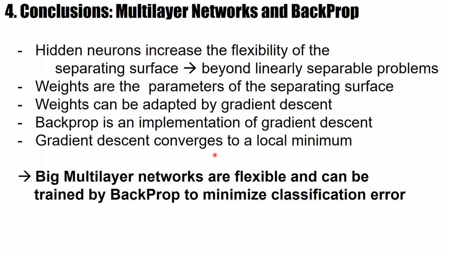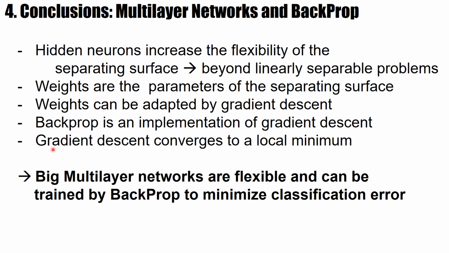Let me summarize the lecture up to here. In the first part, we have seen that hidden neurons increase the flexibility of the separating surface that separates the positive examples from the negative ones. We can go beyond linear separable problems. We have seen the specific example of the XOR problem. Now, what shapes this separating surface are the parameters. The parameters are the weights. These weights can be adapted by gradient descent, and backprop is the implementation of gradient descent in a multi-layer network.